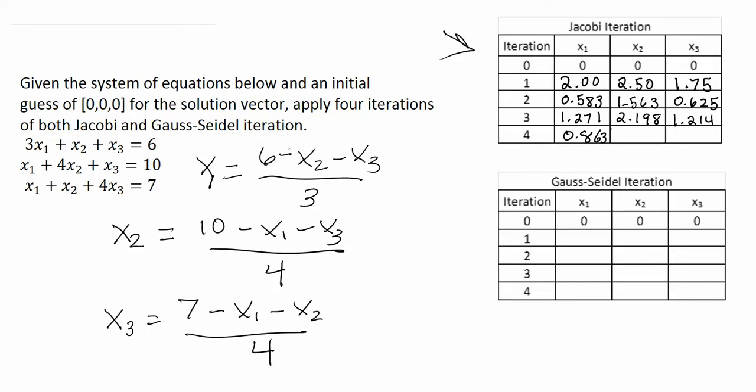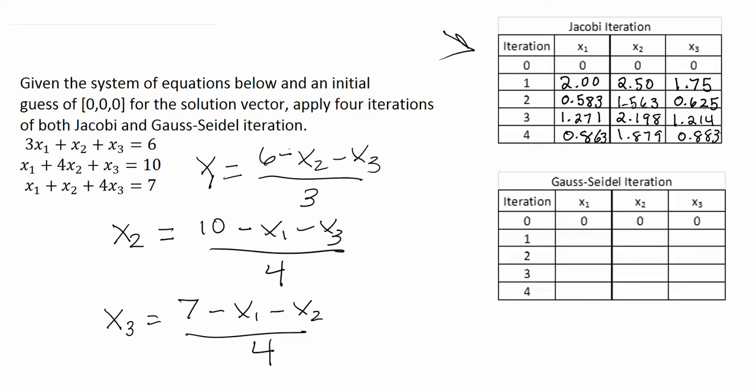Then we apply equation 2. 10 minus 1.271 minus 1.214, all divided by 4, to get an answer of 1.879. Lastly, we apply equation 3, where we get 7 minus 1.271 minus 2.198, all divided by 4, to give us an answer of 0.883.